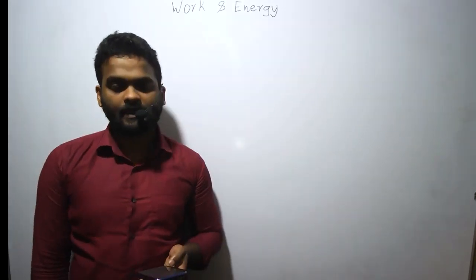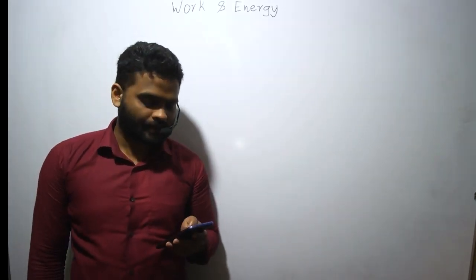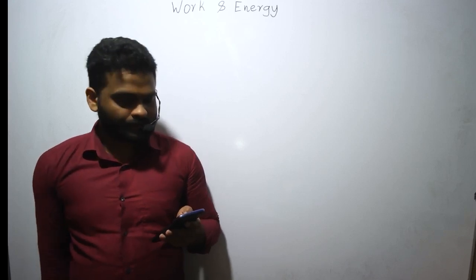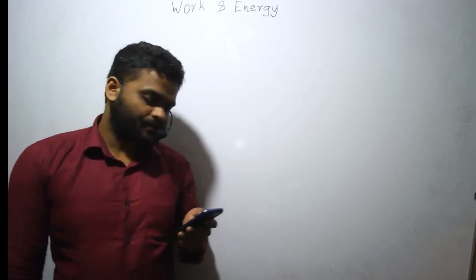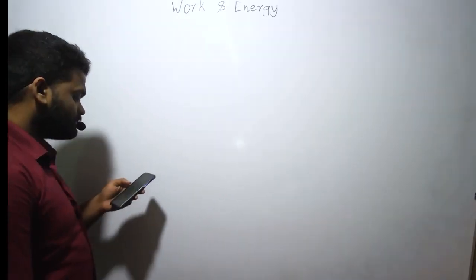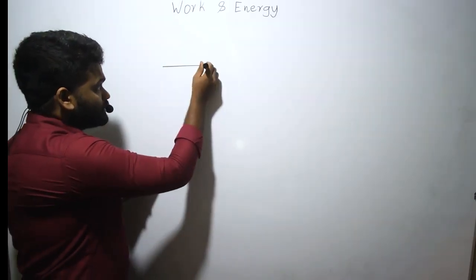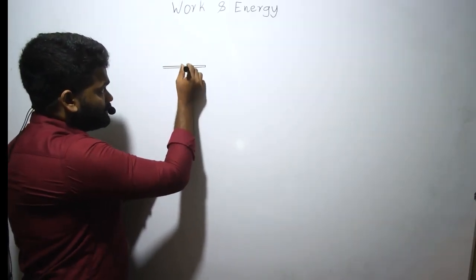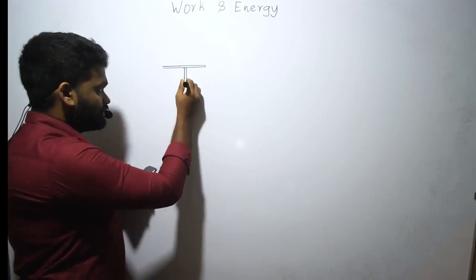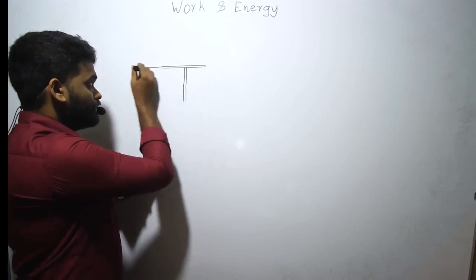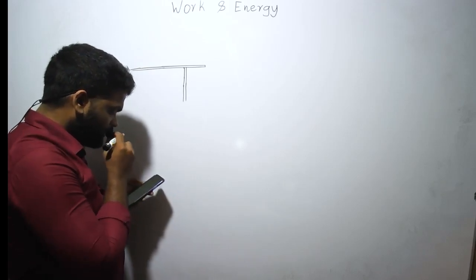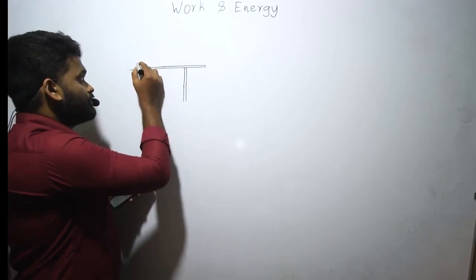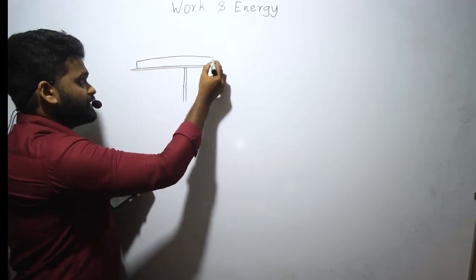Right. Ninth question. A uniform chain with mass capital M and length capital L is on a table. So let's say this is the table, and you have a chain. I just drew the chain like this.